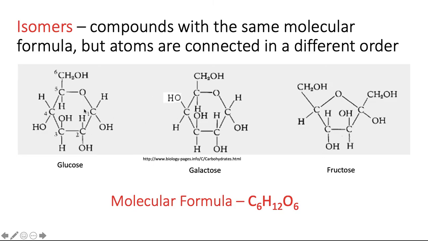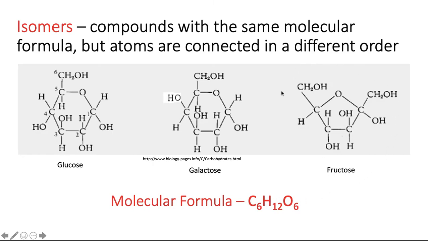So you might think that that little bit of a switch is not a big deal, but it is enough to make the chemistry of these two compounds different. And therefore, these are isomers, so they're not exactly the same compound, even though they have the same molecular formula and the same empirical formula.